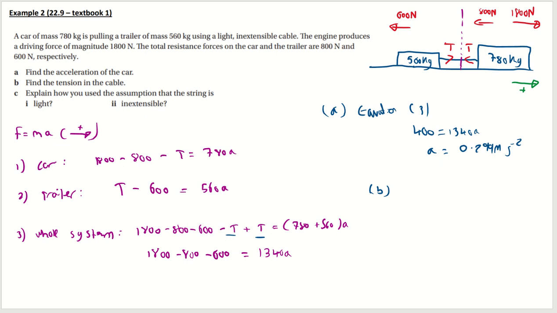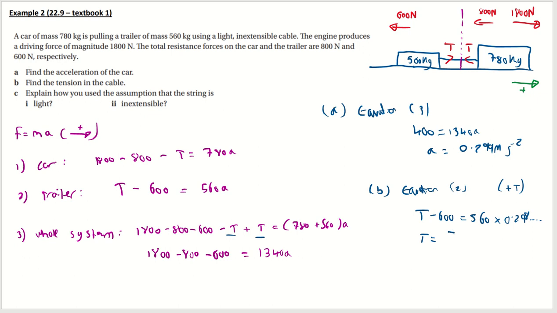We need one of the two equations that both have tension in them. Hopefully you can tell that equation number 2 for the trailer is easier because it's got a positive T on it. So we can now just say T minus 600 equals 560 times 0.299, and I'm literally going to use the button on my calculator that saves that number. So it's going to be answer times 560 and then add on 600.